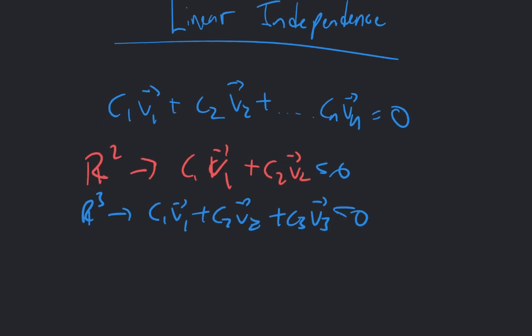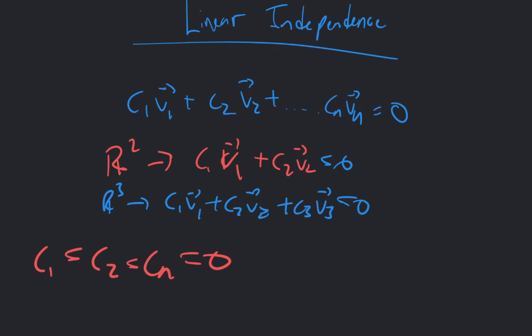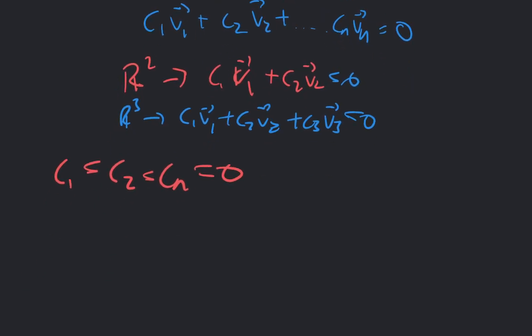So we only get linear independence when C1 is equal to C2, equal to Cn, is equal to 0. That gives us the linear independence, that all of the coefficients are zero, so that all the vectors are different.